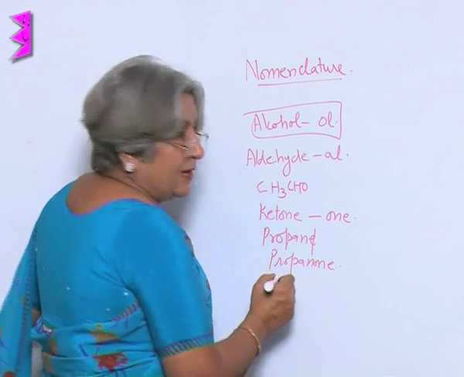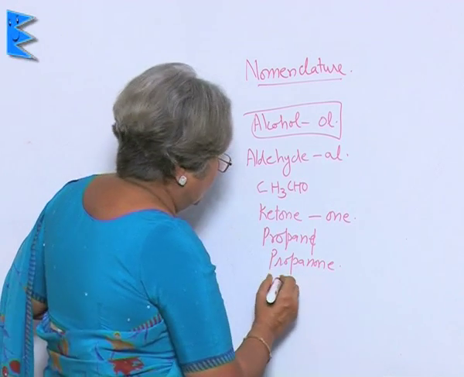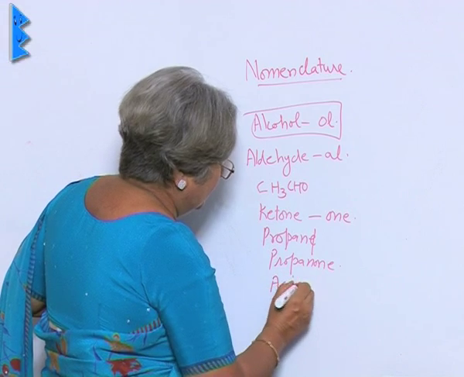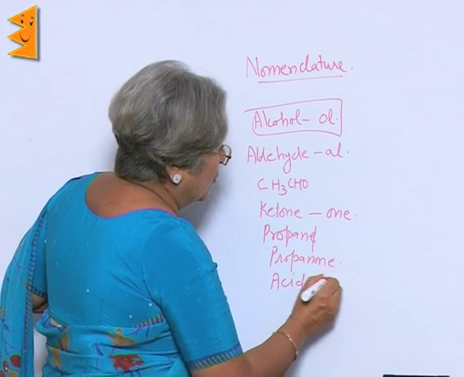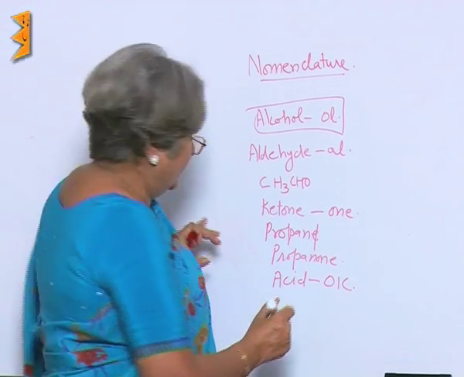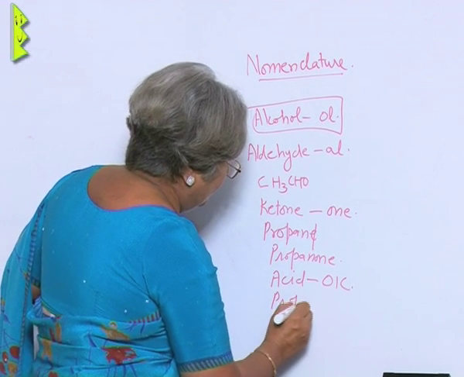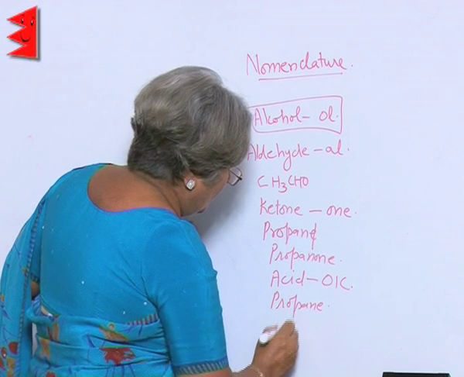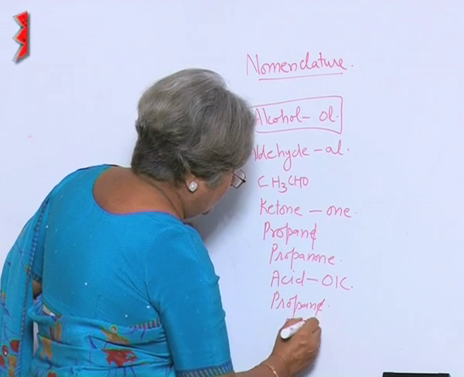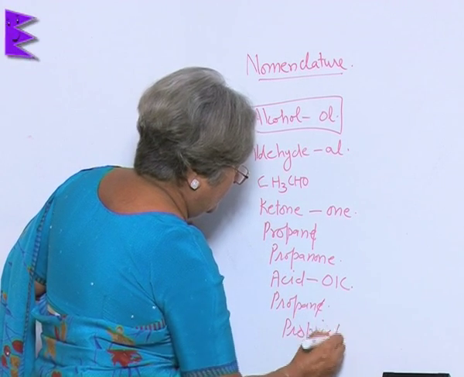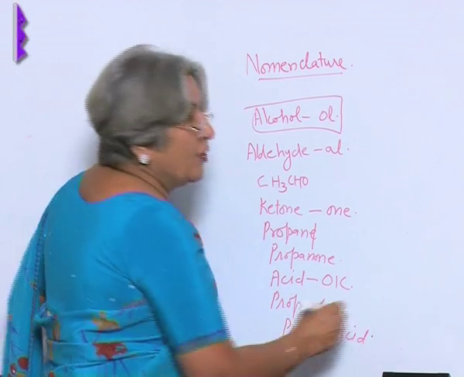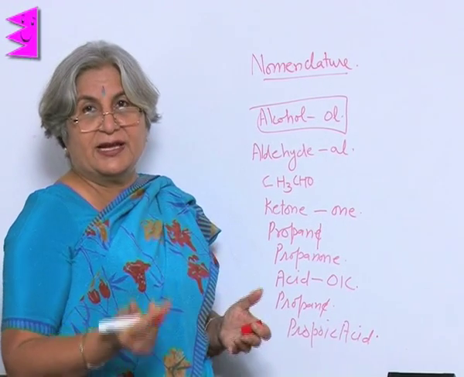In the case of carboxylic acid, what we add is OIC. So propane will become propanoic acid, ethanoic acid.